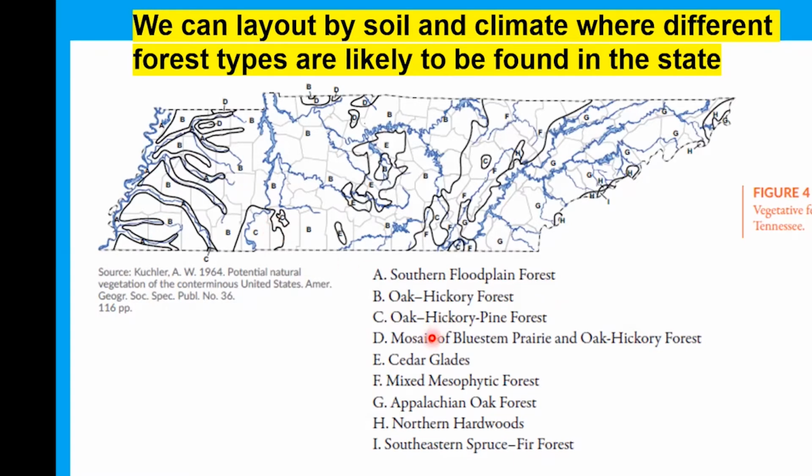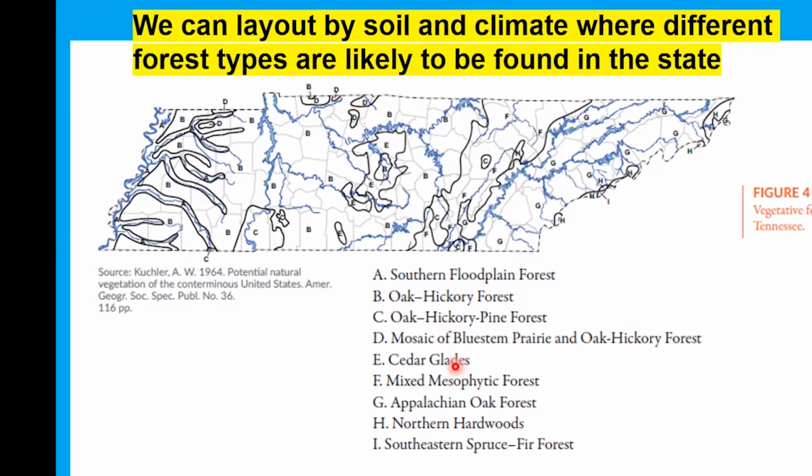Then we get into D, which is oak hickory again, but there's more prairie type land. I guess up there's a little bit of a D over there. So some of that oak hickory turned into sort of a prairie.